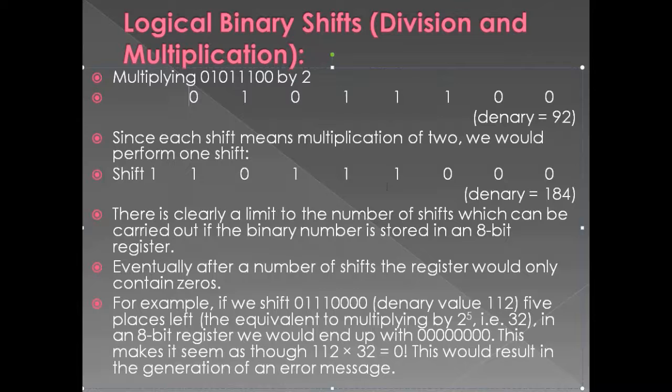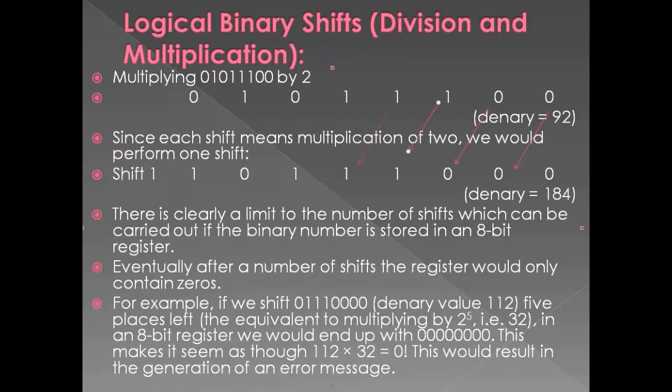We have to perform left shifts. So this 0 comes over here, this 0 comes over here, this one comes over here. Let me draw arrows. This 0 comes over here, and this 0 comes over here, and this one becomes this.